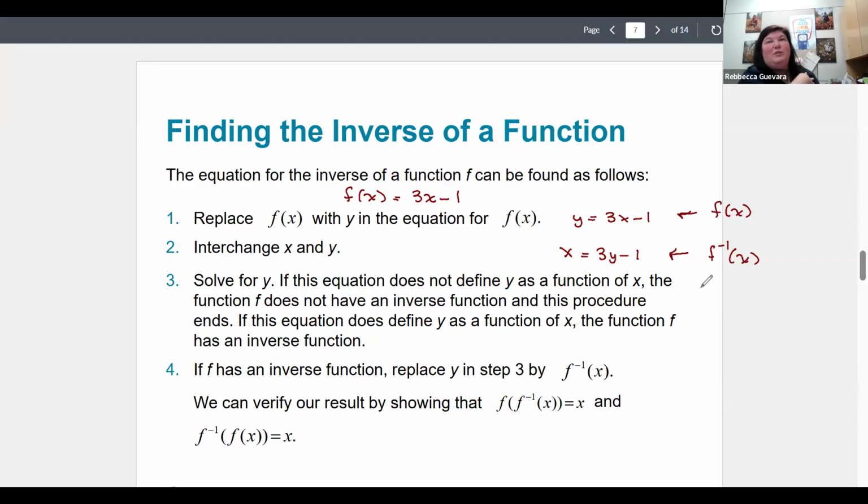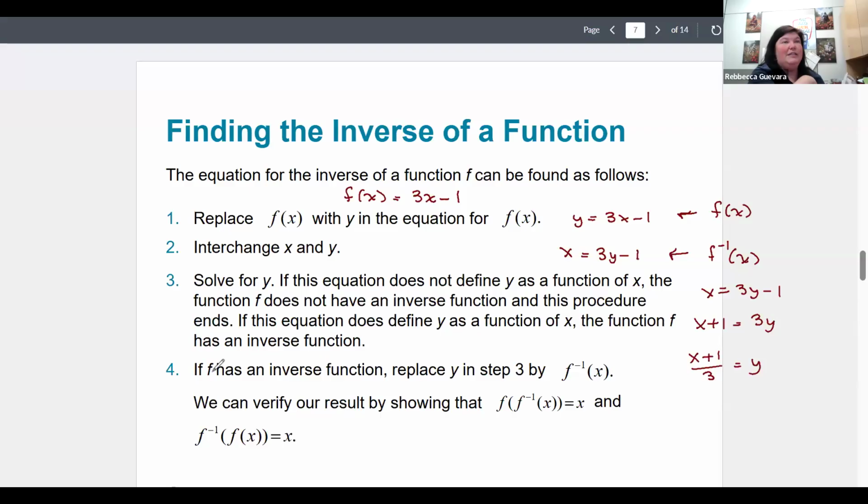But what we're doing here is we just want to solve for y. So we take our x equals 2y minus 1. We'll add 1 to both sides. So we get x plus 1 equals 2y. Then if I divide by 2, I get x plus 1 divided by 2 equals y.